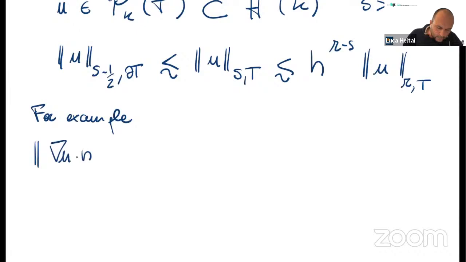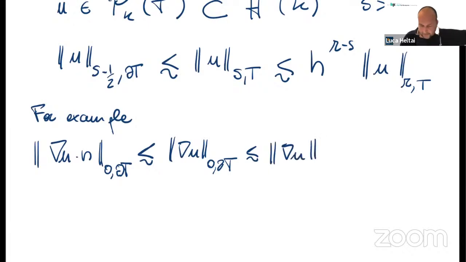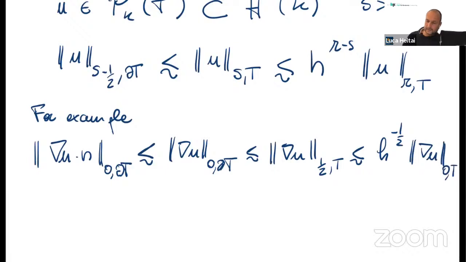We have the gradient of u dot n, and we want to take this, for example, on the boundary of K. This is usually controlled by the full gradient of u on the boundary of T, and this is smaller than a constant times the gradient of u in the H^1/2 norm on the full T instead of going on the boundary of T. And this is smaller or equal than h to the power minus 1/2, times the gradient of u in the L2 norm on T. And now, of course, this is h to the power minus 1/2 times the norm of u in H^1 of T.